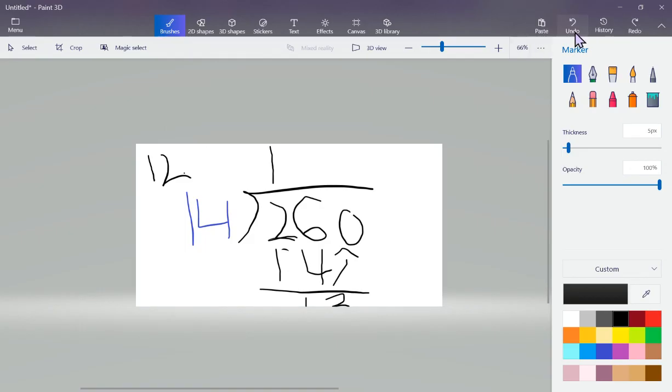How about let's do 14 times tables? I'm going to use a calculator right over here because I'm not going to do all that math, but you guys can use paper. So we have 14 times 3 equals 42.